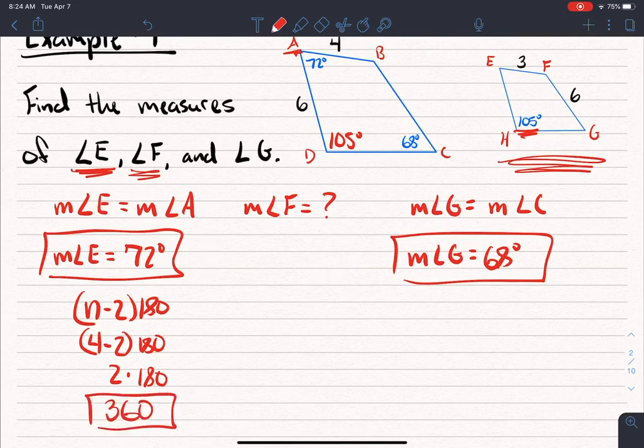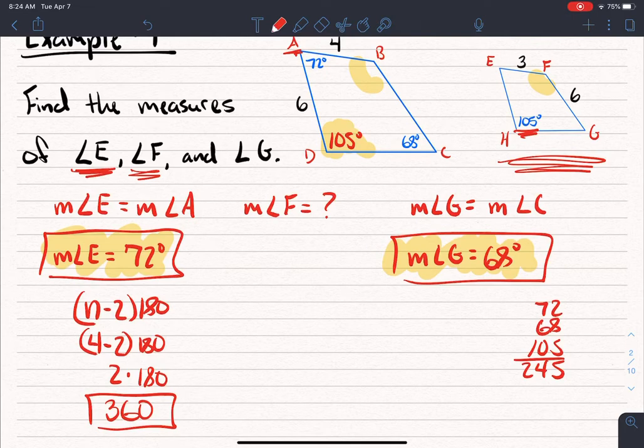I know one of the angles is 72, another is 68, and another is 105. So how do I figure out what B or F is? I can just add these others up and take them away from 360. 72 and 68 and 105: 2, 8, and 5 is 15, and 1, 7, and 6 is 14, which gives us a total of 245.